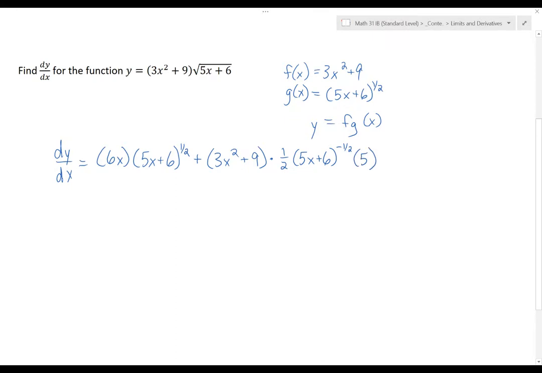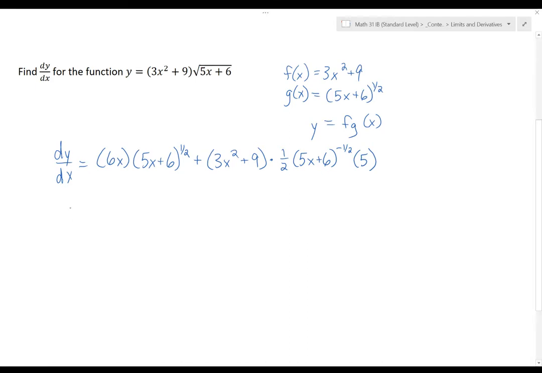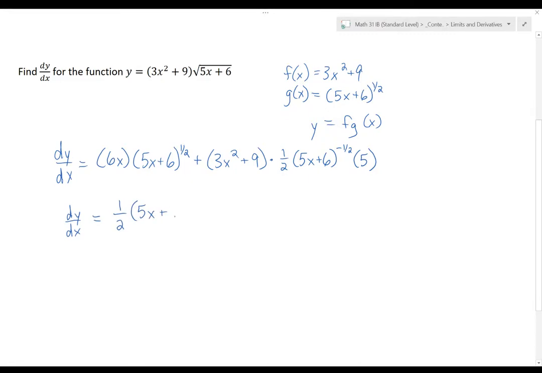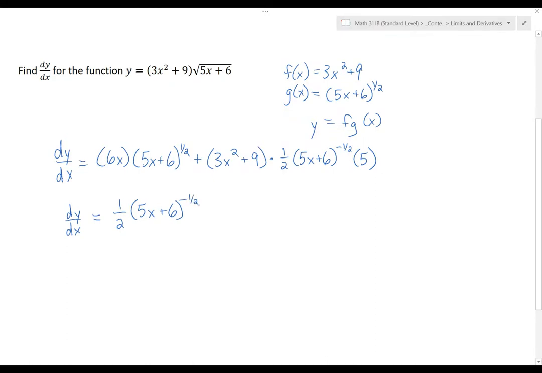So I am going to tidy this up a little by factoring out any common factors. I'm also going to factor out the fraction of 1/2. So for the common factor, I'm going to use the lowest power of 5x plus 6, which is to the power of negative 1/2, and I'm factoring out the 1/2. So 1/2, 5x plus 6 to the power of negative 1/2.